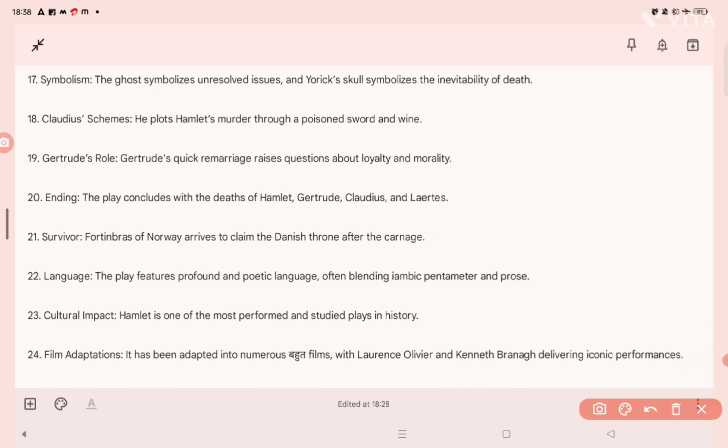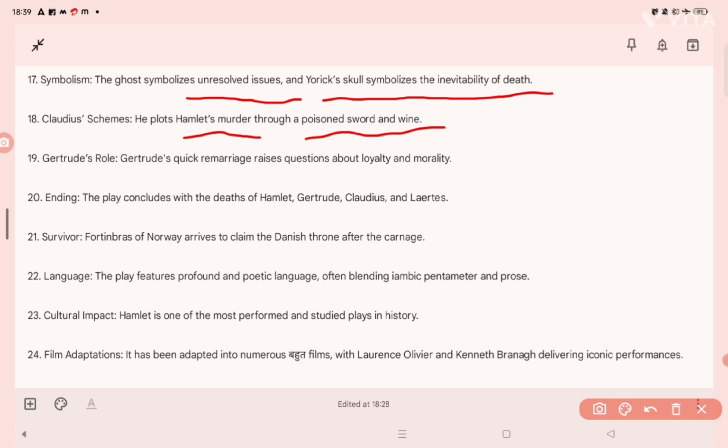Symbolism: the ghost symbolizes unresolved issues, and Yorick's skull symbolizes the inevitability of death. Claudius' scheme: he plots Hamlet's murder through a poisoned sword and wine.